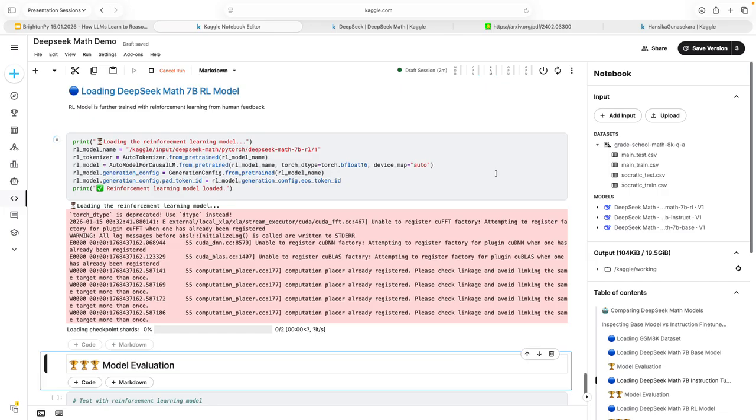Now we are trying to load the reinforcement learning model. If everything goes right, we can next evaluate the reinforcement learning model against our 10 sample questions.